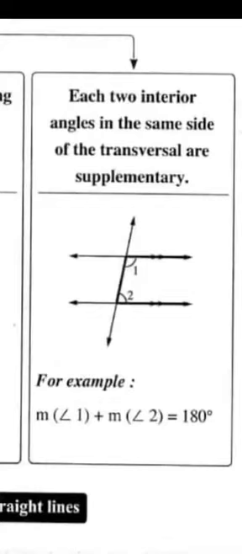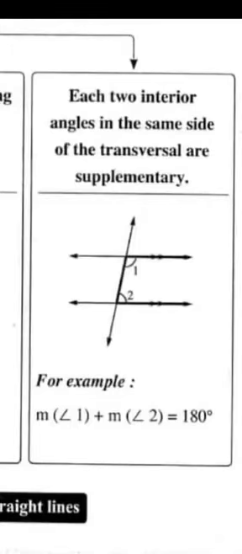Number 3, each two interior angles on the same side of the transversal are supplementary. It means they equal 180. The two interior angles make the letter U. In this figure, we find measure of angle 1 plus measure of angle 2 equals 180.